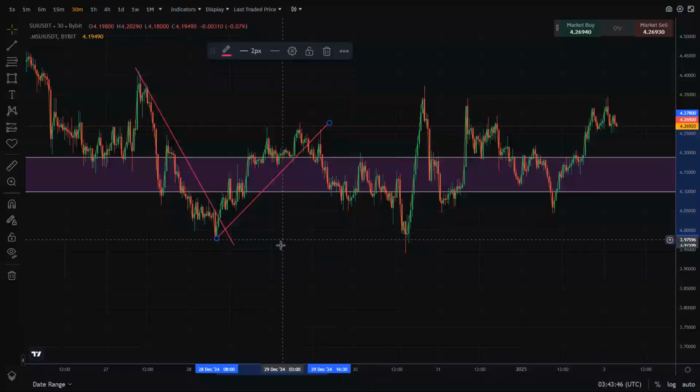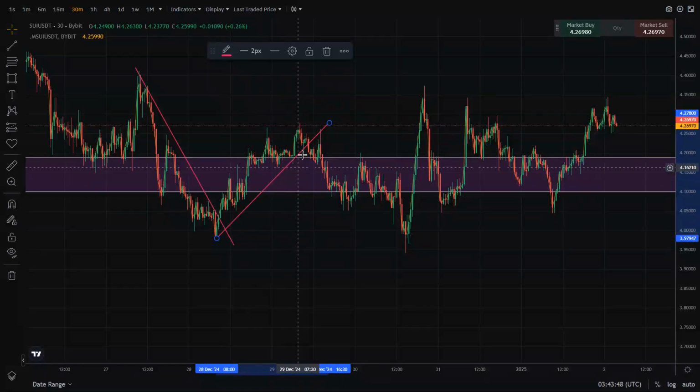Take a look at this. It moved up. The moment it breaks it, what happened? The moment the trend line cannot support the price anymore. Take a look at this. The moment the price comes down and breaks the trend line, it touches this level, and after touching the trend line again, then what happened? The price begins to move down.